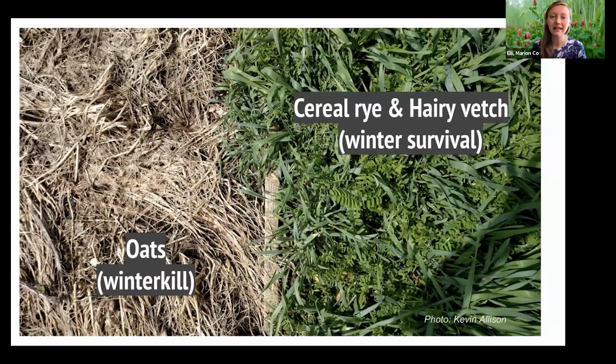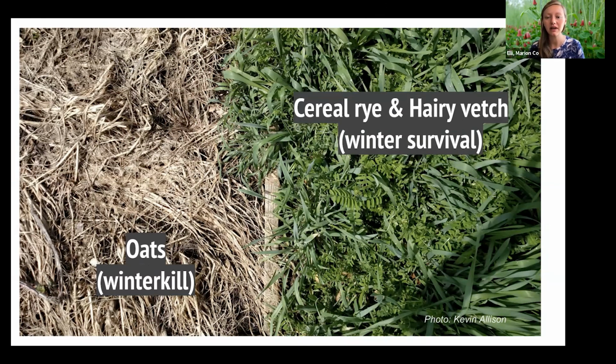You can see this on a small scale too, where we use cover crops on two sides of a raised bed. So this may only be an 8-foot bed divided in two, and oats being used on one side, cereal rye and hairy vetch mix on the other.